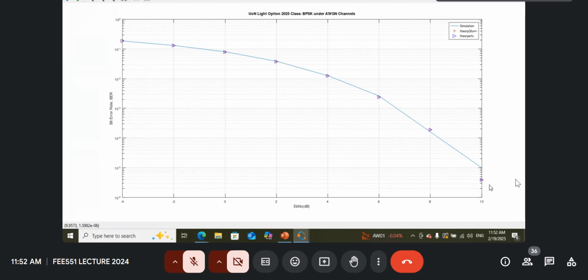Then let's say at 10, the theory is lower than the simulation. It just means we need to do more, because we only did 100,000 symbols, so we cannot be accurate below 10 raised to negative 5. That's why you can see theory saying we should fall there, but the simulation is falling at 10 raised to negative 5, because those are the symbols we have. But if we simulate 10 raised to 6, then we'll be able to get the other one.